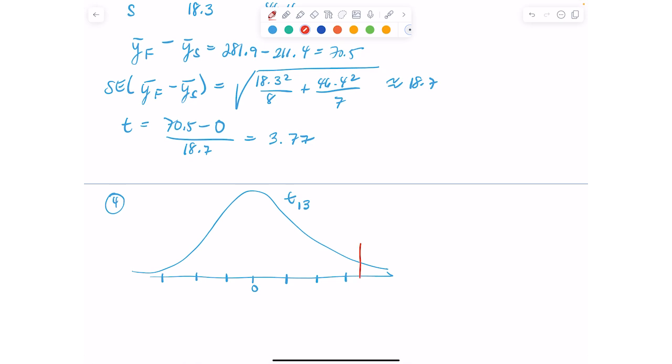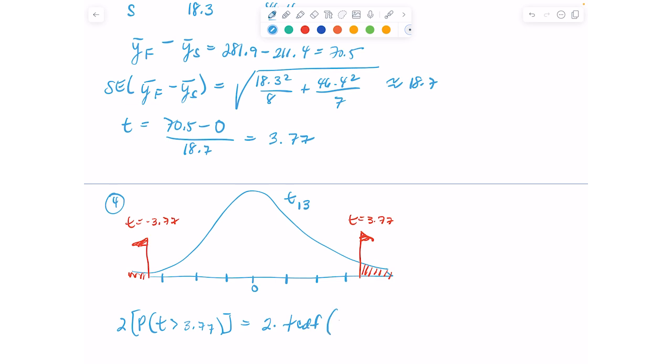So we have 3.77 shaded to the right and negative 3.77 shaded on the left. We're trying to find the probability that t doesn't equal that. So we're going to do 2 times the probability that t is greater than 3.77, which remember I need to do 2 times TCDF.